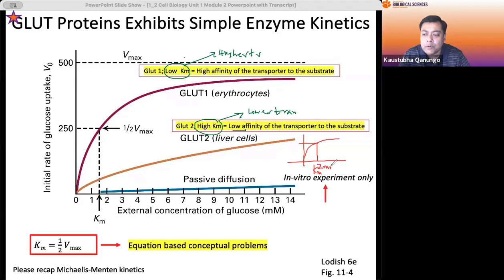So this is the wild type, which means this is the naturally occurring one. Wild type, in genetics language, means the normally available one.